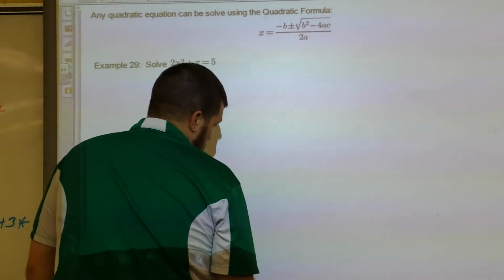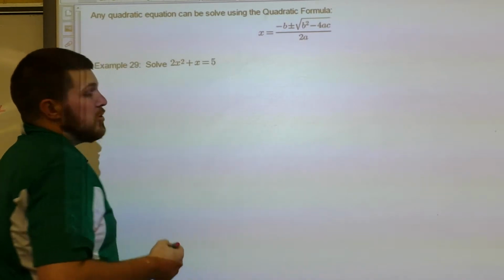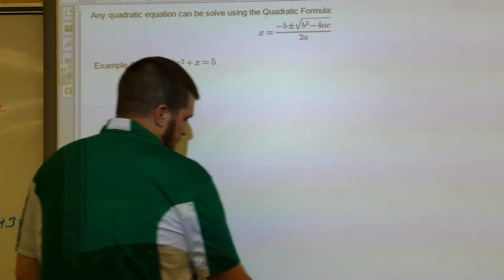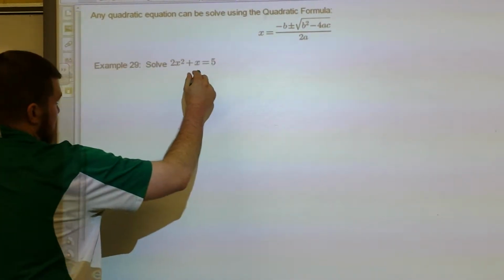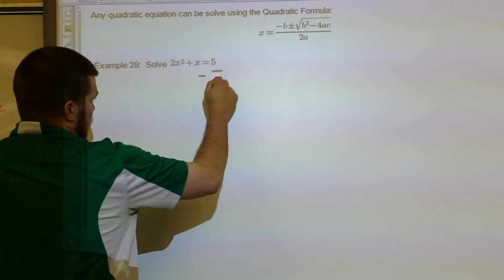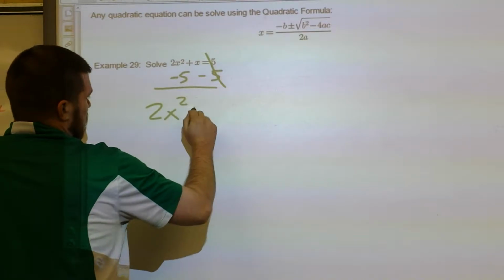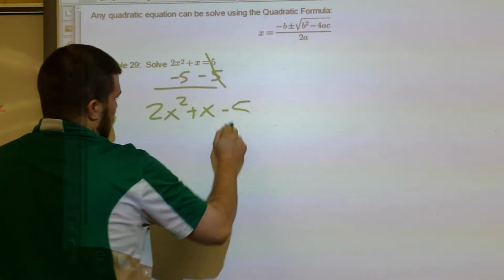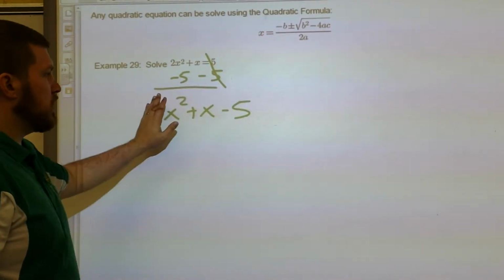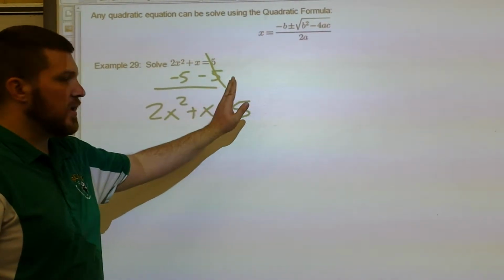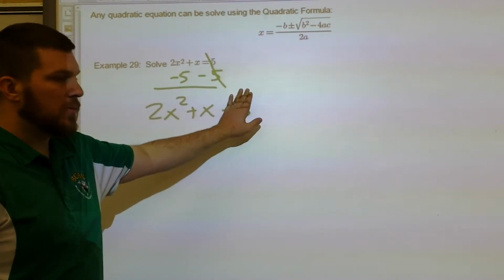Alright, so first off, anytime you want to use the quadratic formula, you have to get everything on the same side. Okay, so I'm going to start in this example by subtracting 5. You've got to get everything on the same side, so 2x squared plus x minus 5. Also, we need to go in order: x squared, regular x in the middle, and then finally regular numbers on the end.